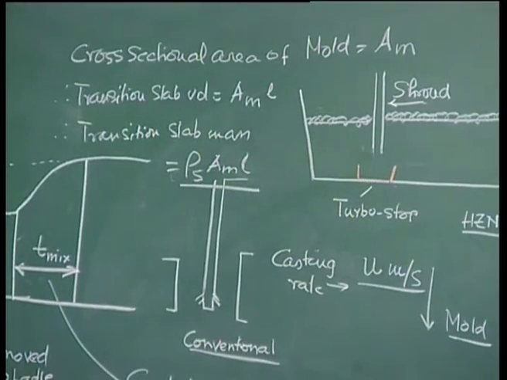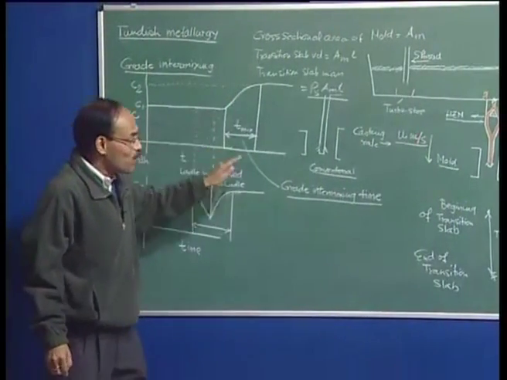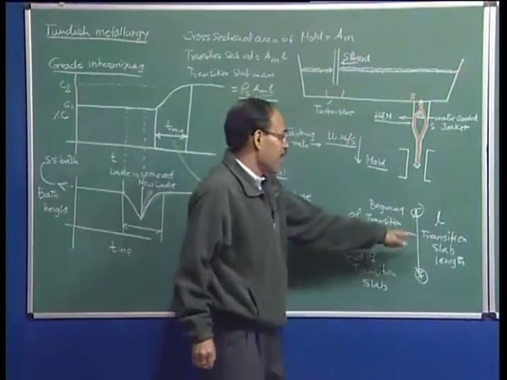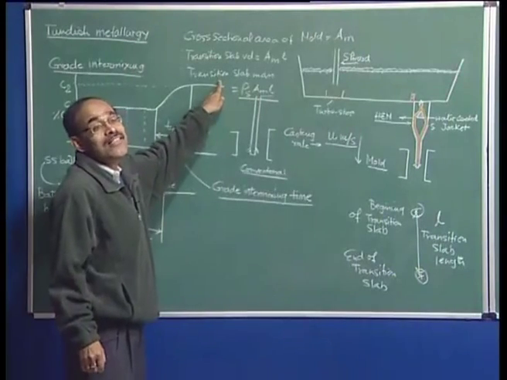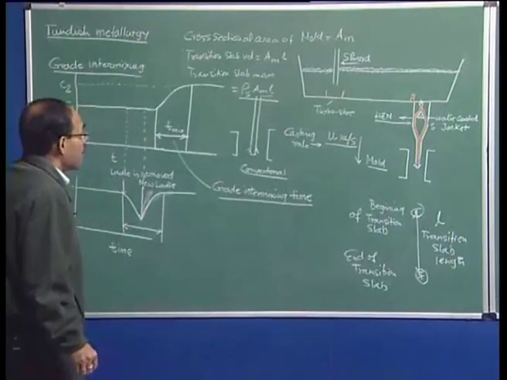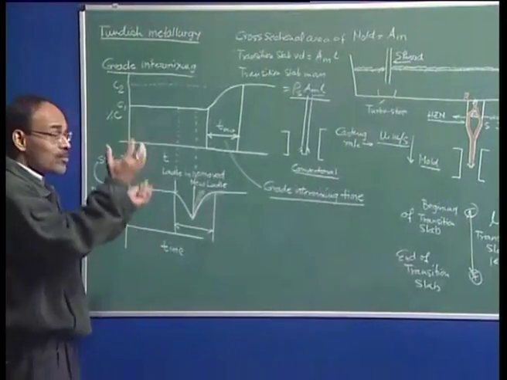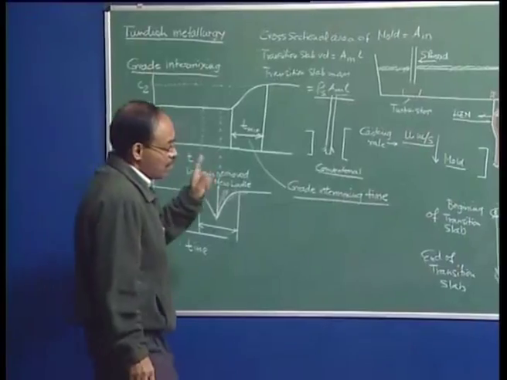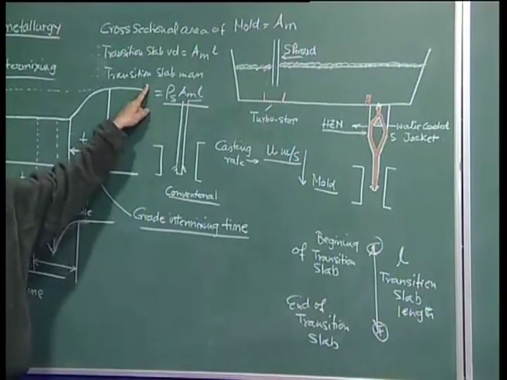So, the crux of the problem is to be able to generate this curve, based on which I can identify this point, identify the transition slab length, and as a result find out the amount of transition slab mass, and then make an assessment of how much material we are losing when we do grade intermixing, because as I have mentioned, the transition slab or transition bloom is often downgraded.